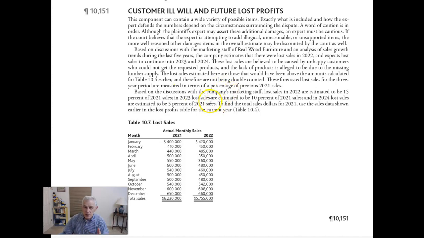We believe it's going to take us a while to catch up, that in 2023, going forward another year, lost sales are estimated to be 10% of the 2021 sales. Then they say, going into 2024, we still believe we're hurt, and 5% of the 2021 sales we have lost in 2024. So not only was there that 1 year, but maybe bad, due to customer complaints, ill will, and so forth, they lost sales in 2022, 23, and 24.